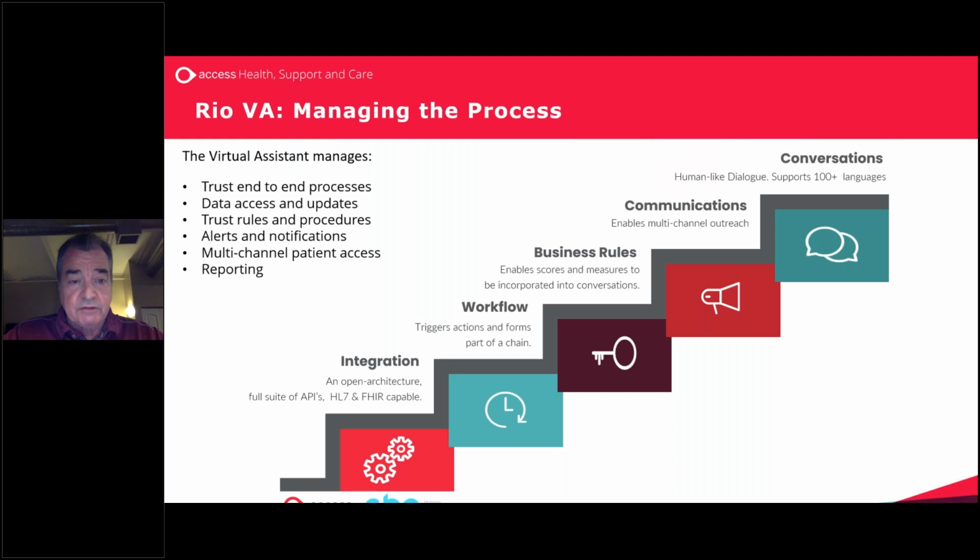Providing alerts and notifications where relevant, and again, following trust processes. Providing multi-channel communication and communication choice for the patients and the staff, and a full suite of reporting solutions within the solution as well. Next slide, please.